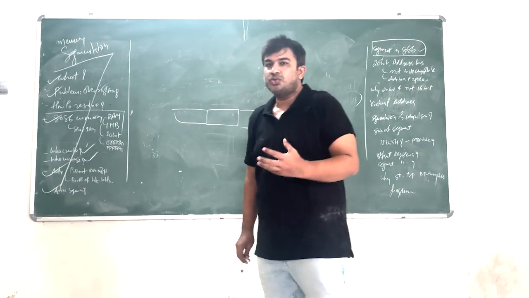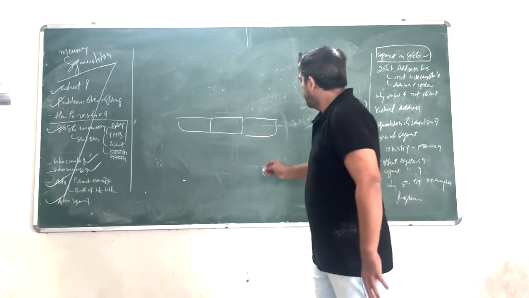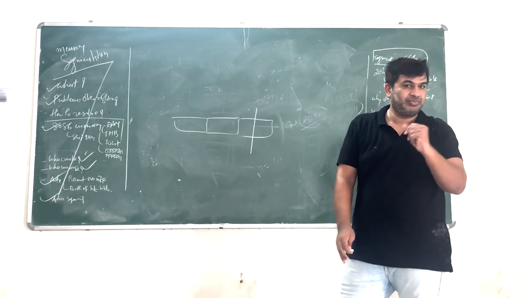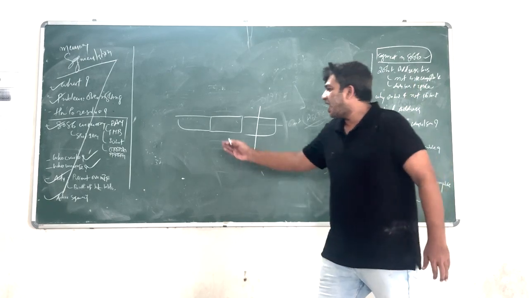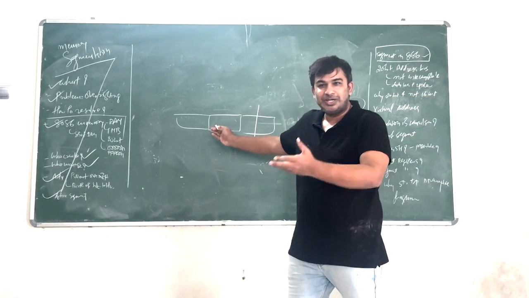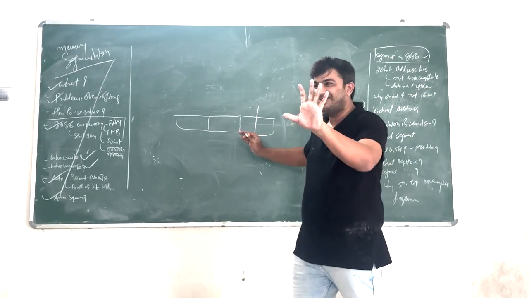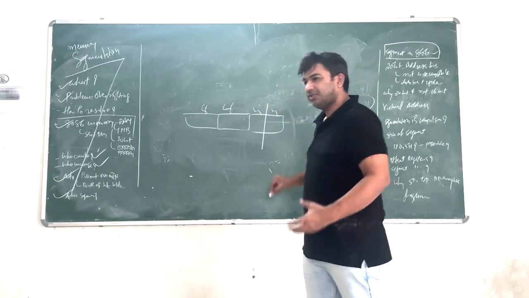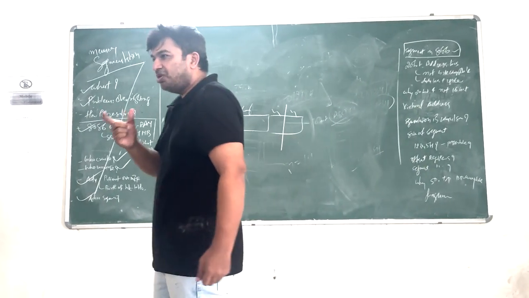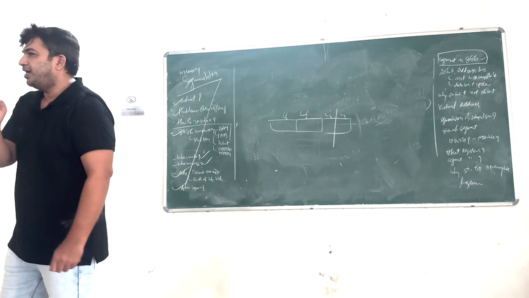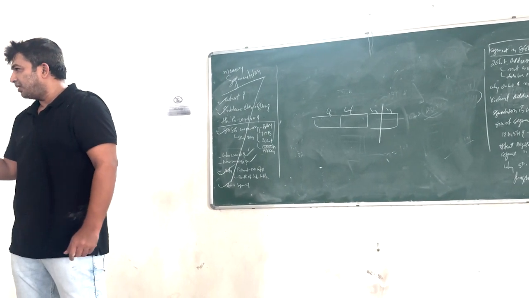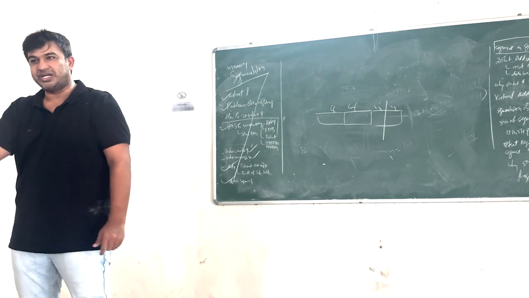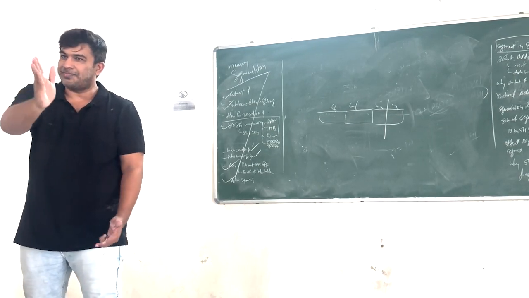So to store 20 bits you require 2 full bytes and 1 half byte. 8 plus 8 is 16, plus 4 is 20. So a 20-bit address bus is not byte compatible. If it is 16 bit it is byte compatible, if it is 24 it is byte compatible, but 20 is not byte compatible.